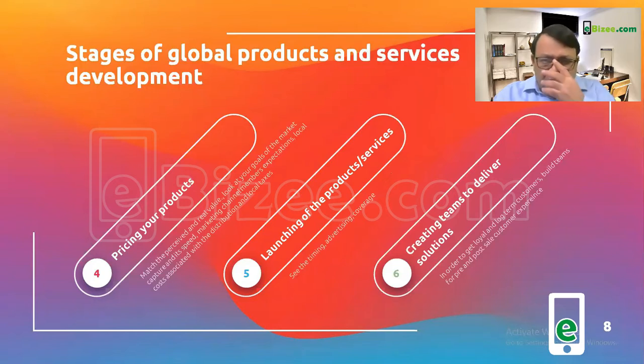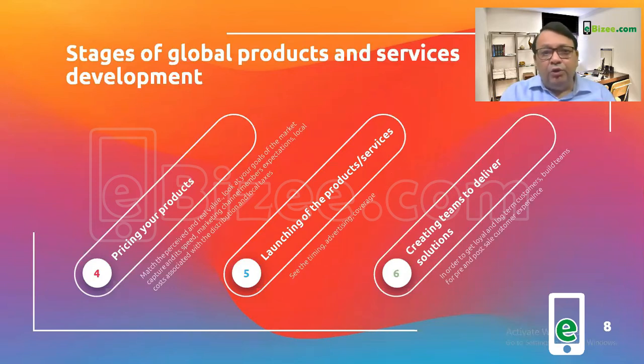Then the fourth stage in this process is your ability to price your products. So you research what is the perceived and real value of your product in a particular international market.